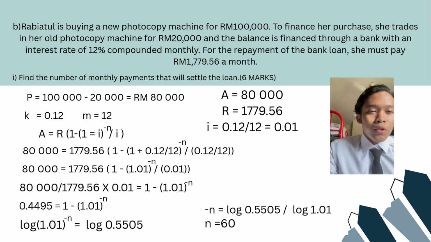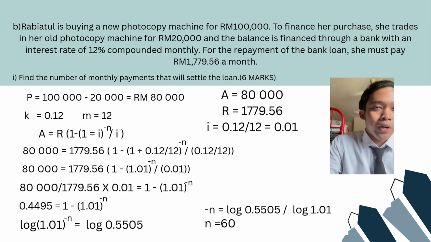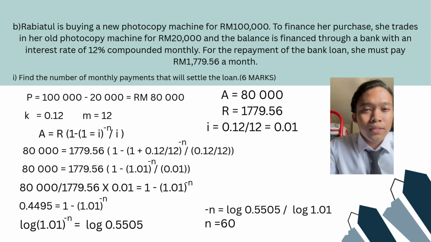Next, the monthly interest rate is determined by dividing the annual interest by 12. That is, i equals 0.12 per 12 months equals 0.01. Since the loan is repaid by equal monthly installments, the present value of an annuity formula is used. That is, A equals R times (1 minus (1 + i)^(-n)) per i.